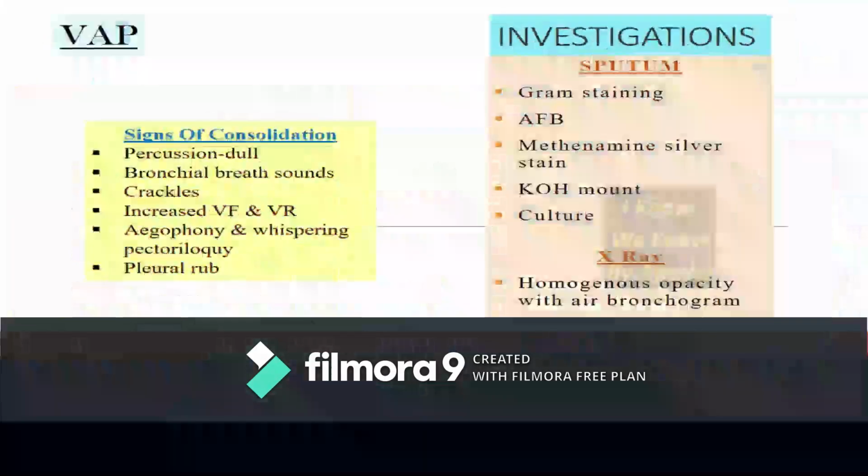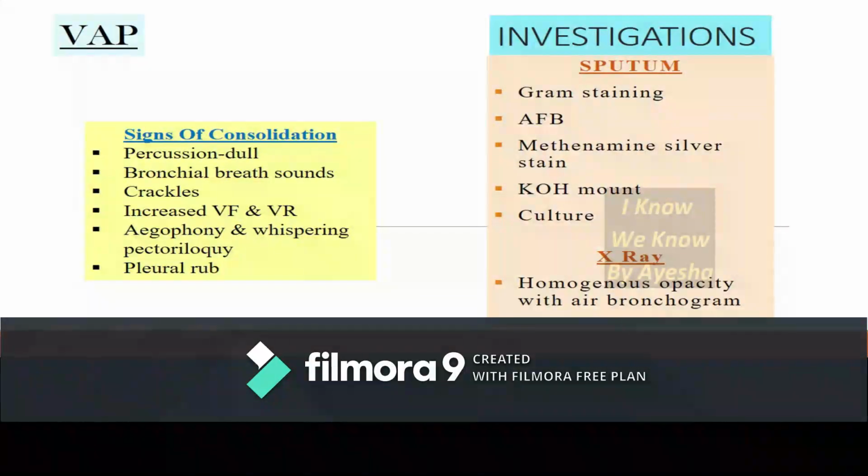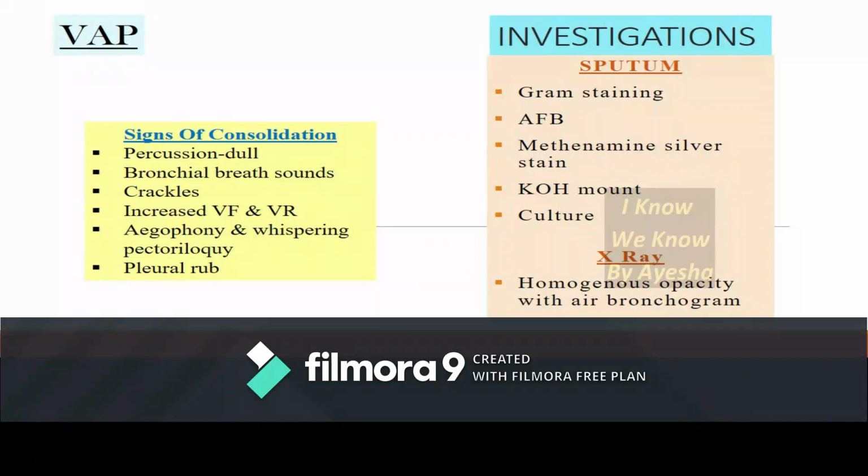For ventilator associated pneumonia, signs of consolidation can be evaluated by dull sounds on percussion, bronchial breath sounds can be auscultated, crackles, increased VF and VR, egophony and whispering pectoriloquy, as well as pleural rub helps in evaluating VAP.